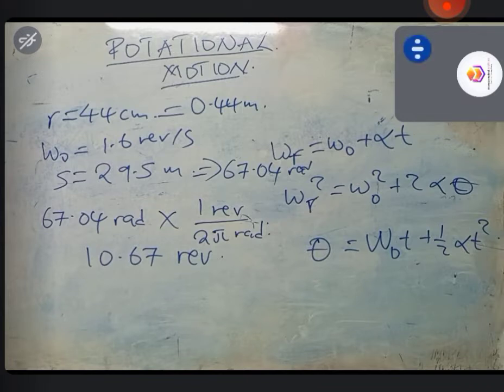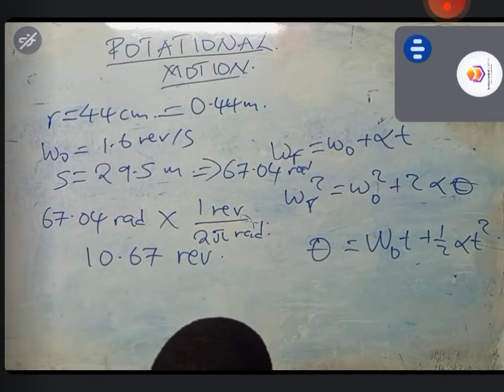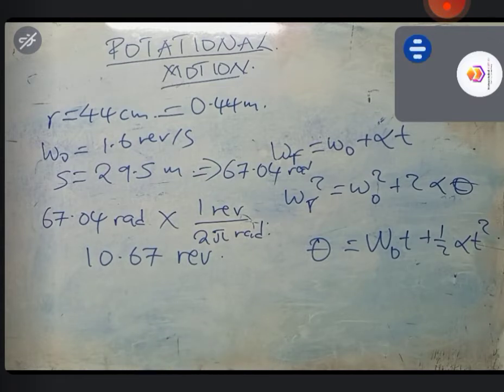So can we move on now? Can we answer the questions? Okay. I'll read the question again. A belt runs on a wheel of radius 44 centimeters. During the time the wheel takes to coast uniformly to rest from an initial speed of 1.6 revolutions per second.